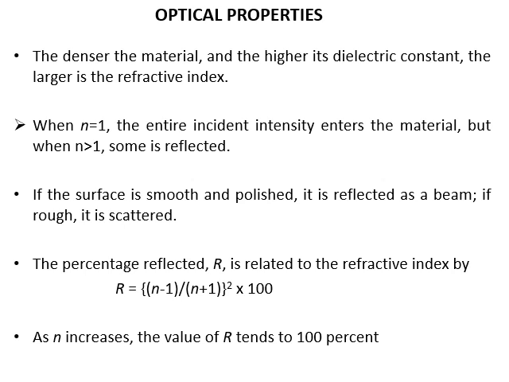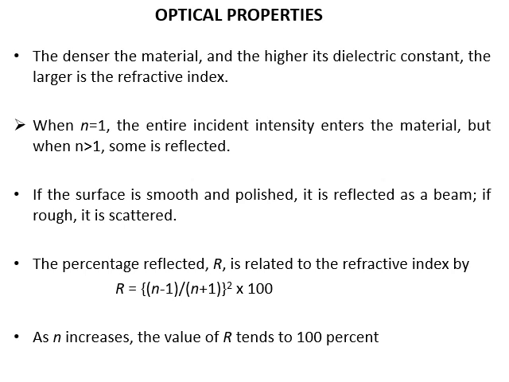But as light goes through gases, liquids, and solids, the atoms or molecules slow the speed of light. So the higher the density of the material, the higher its dielectric constant, and the larger the refractive index.